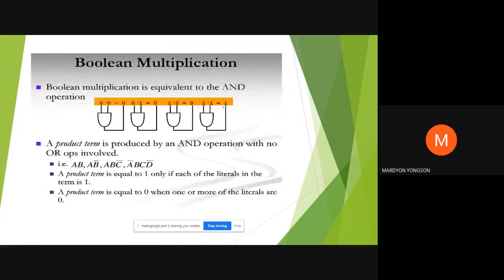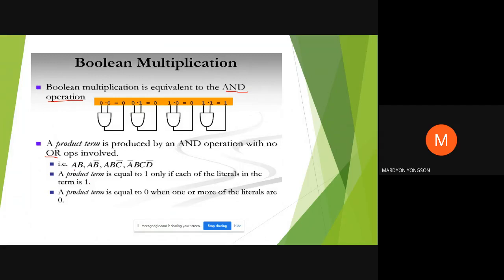So next, we have Boolean multiplication. So sa Boolean multiplication naman, equivalent niya yung AND operation or AND gate. So a product term is produced by the AND operation with no OR operation involved. So opposite niya naman yung Boolean addition.